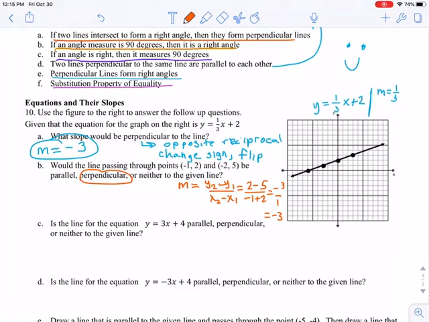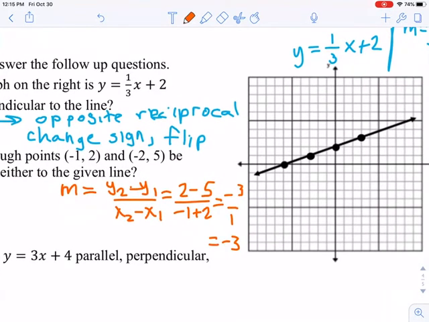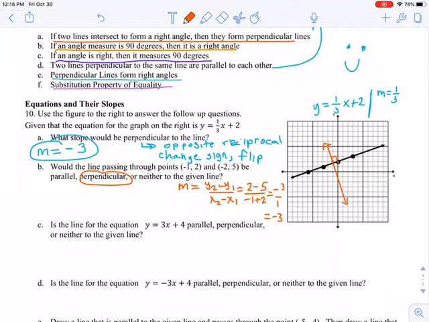So we did it with the formula, or we could even graph it and go to (-1, 2), which is right there, and then (-2, 5), which is right there. And that's what the line would look like. Those lines are perpendicular. What's so great about making perpendicular lines in a coordinate plane?